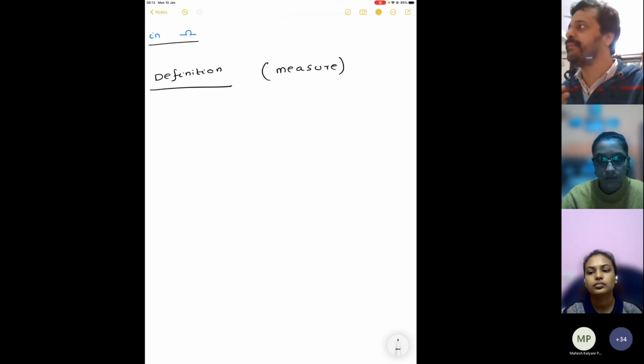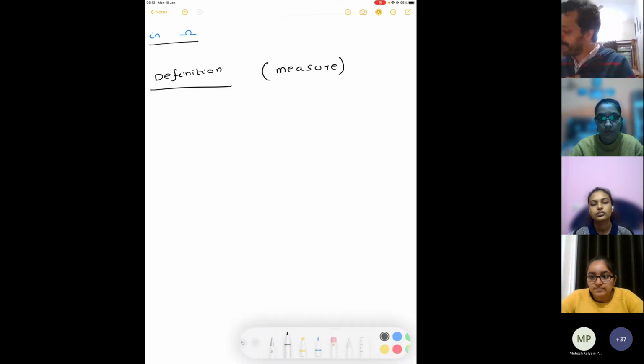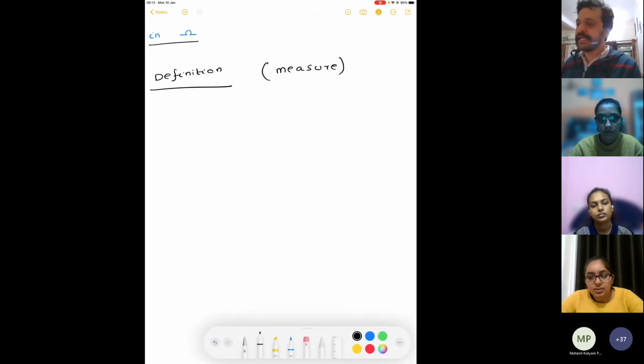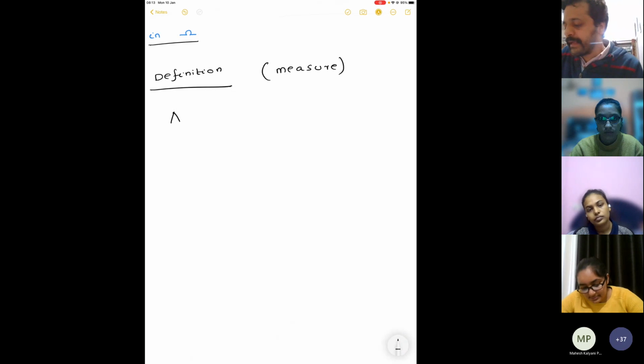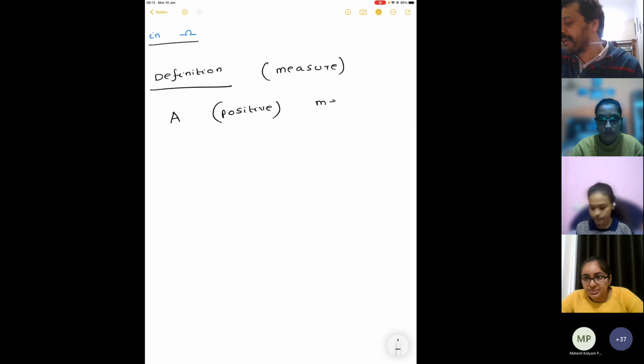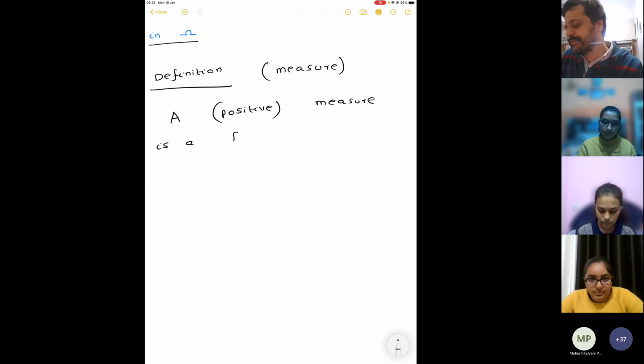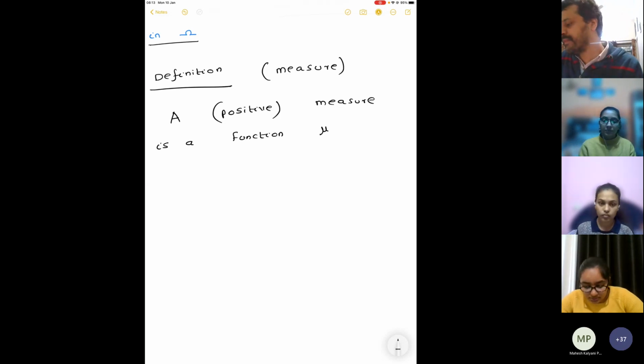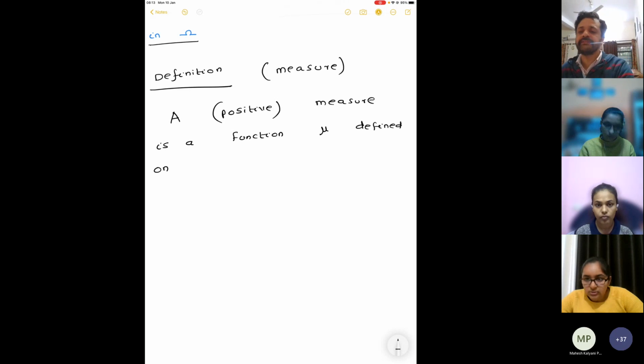Later we can work with any measure, complex measures, signed measures and so on. A positive measure, positive I will put in brackets, is a function mu defined on where? Where do you want to define a measure?